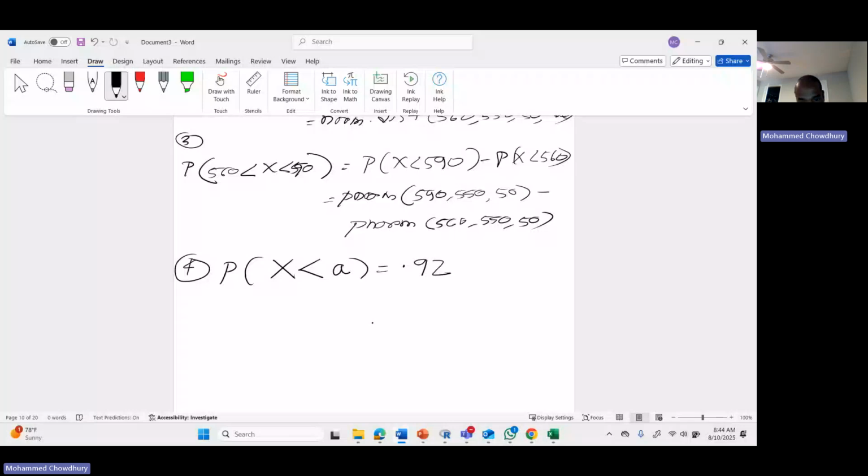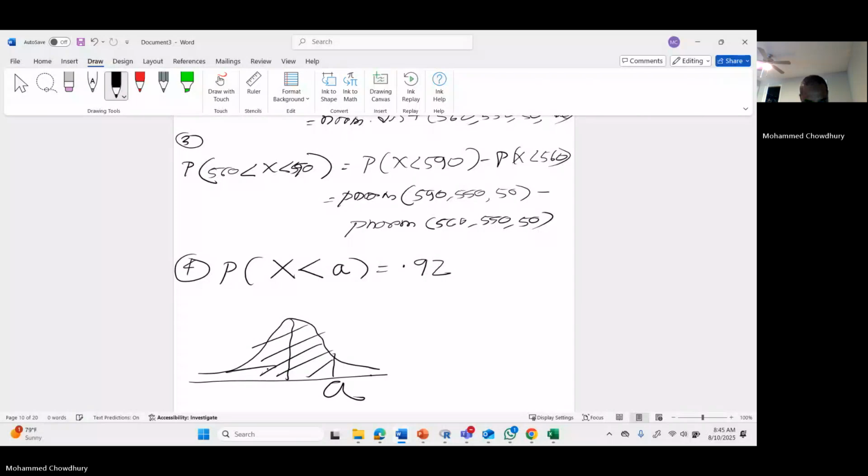In order to do that, you just write the Excel code for the 92nd percentile. What is the value of A? Here, these things are given: 0.92.